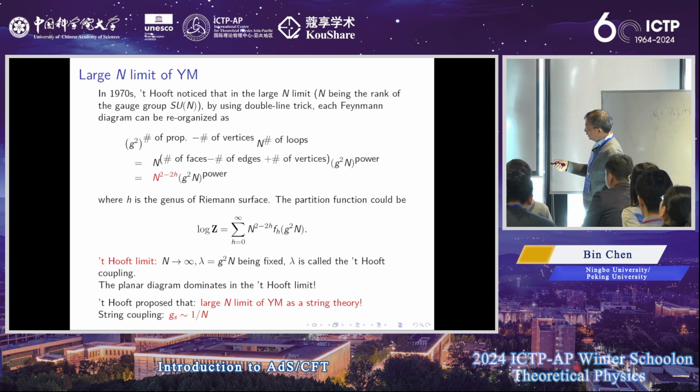That inspired 't Hooft to propose that the large n limit of Yang-Mills is a string theory, and also the string coupling gS is related to 1 over n. So if you want to define a string theory, in general, if n is too small, that means you have a very, very strong string interaction. So we don't know.